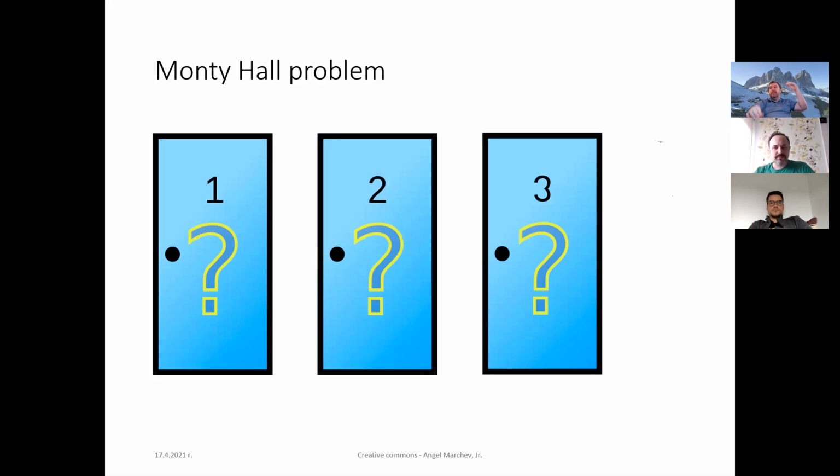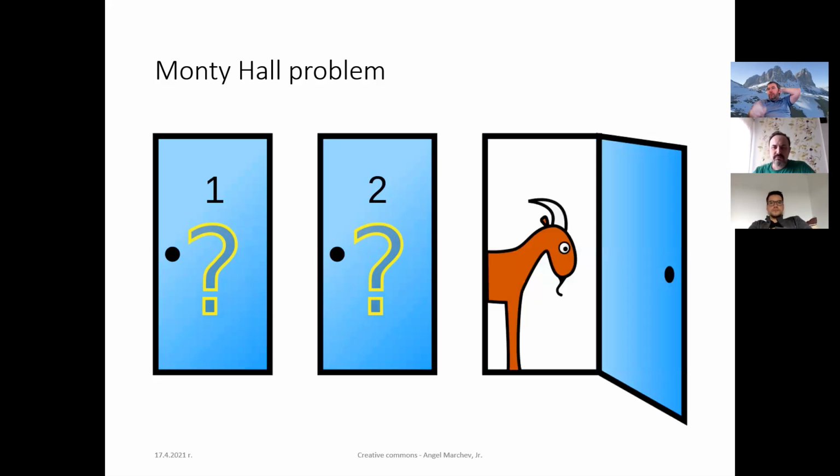So let's say you have picked door number 1. He opens another door, not the one that you have picked. So you're left with 2 unopened doors. And the Monty Hall question is: would you stay with your own door, whatever you chose, or would you switch to the other door?